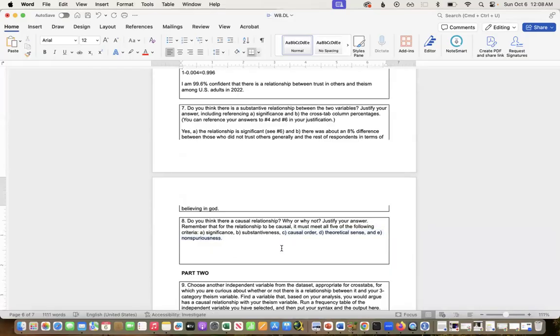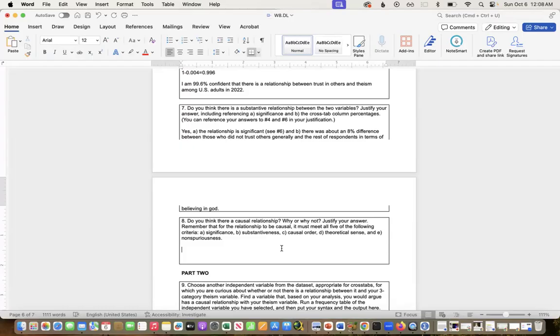Do I think that not trusting other people would impact your beliefs in God? So if you don't trust others, you're more likely to believe in God, or if you do trust others, it causes you to be less likely. Initially, I thought maybe it would be the opposite, that people who believed in God would be more trustworthy, and the causal order might be even backwards, right?